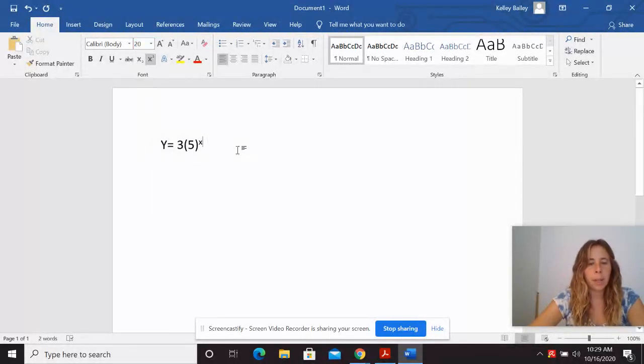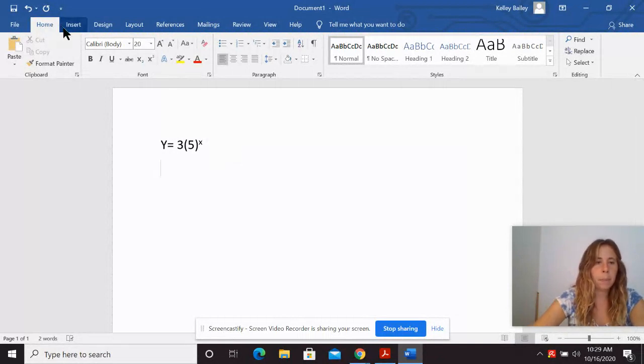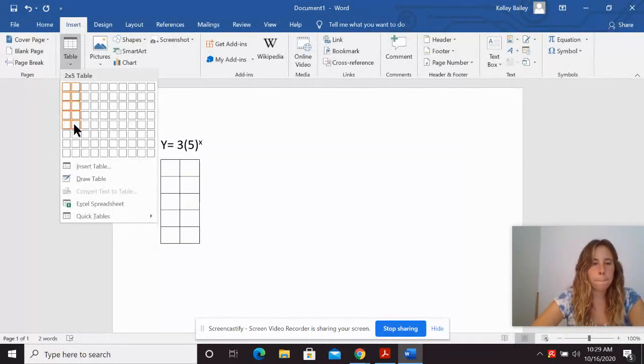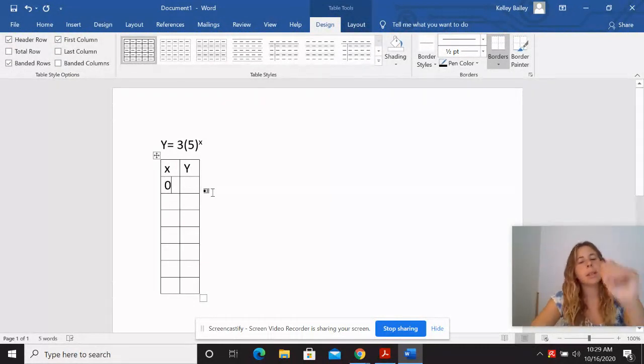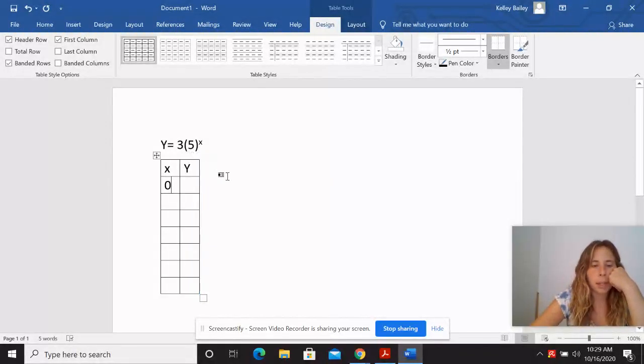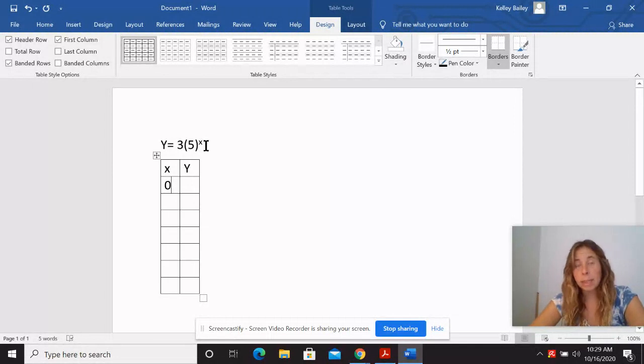Okay. Get rid of exponents. So I'm going to put it in a table. I have x and I have y. Let's just start with 0. I substitute 0 in for x. So that's going to be 5 raised to the 0 power. Anything raised to the 0 power is 1.